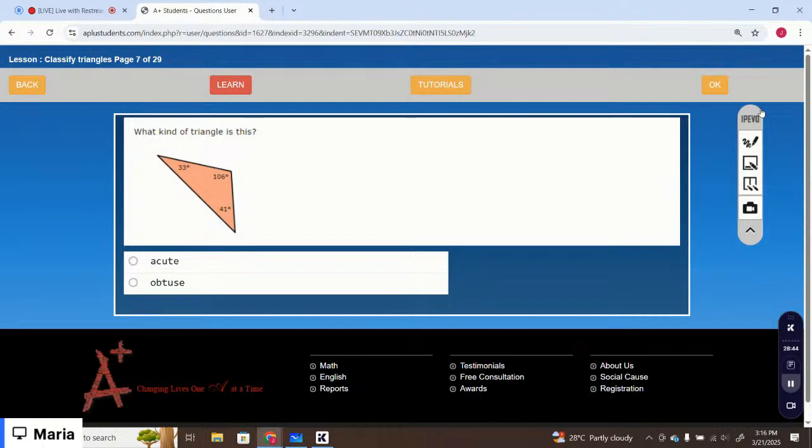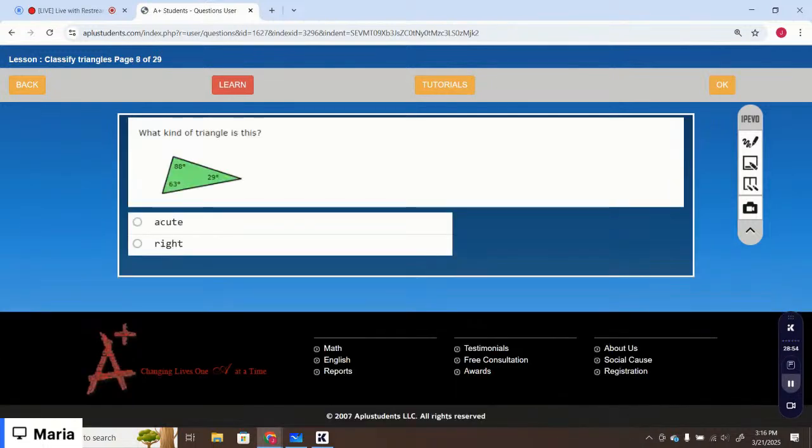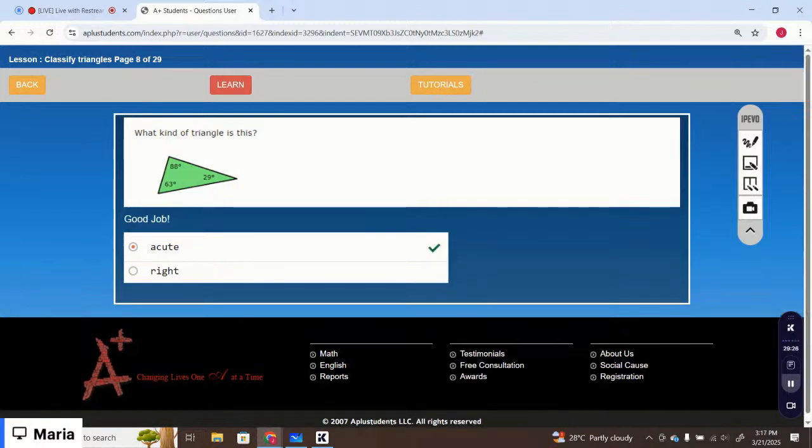That is an obtuse triangle. Option number two is the correct option. Obtuse triangle it is. What kind of triangle is this? That is an acute triangle because the angles measure less than 90 degrees. So acute triangle it is.